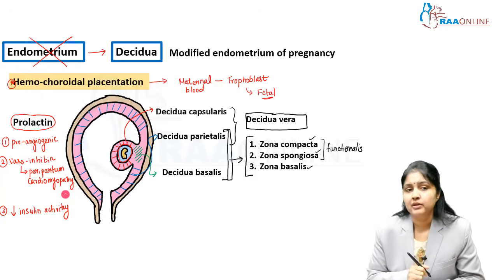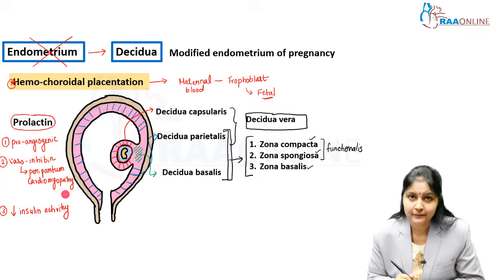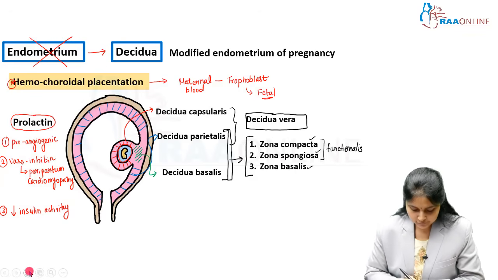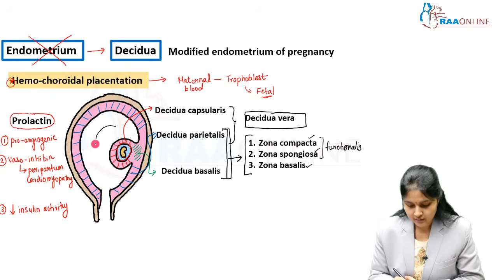So the decidual prolactin helps in all of these functions. Now, as the fetus starts growing, the space between the growing fetus and the rest of the uterus gets smaller and smaller as the fetus grows.